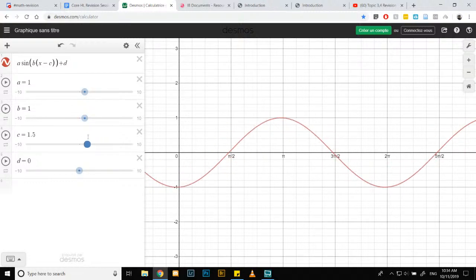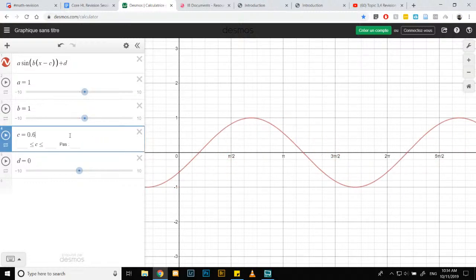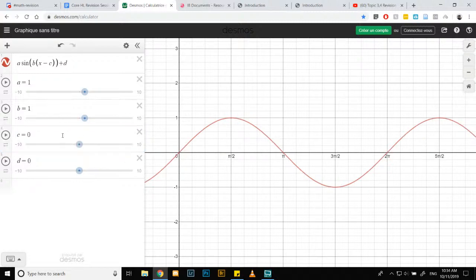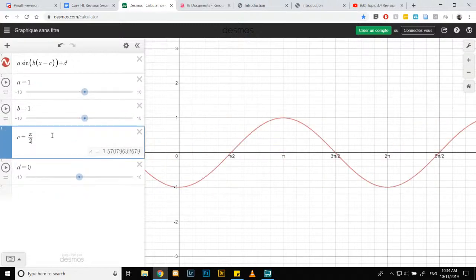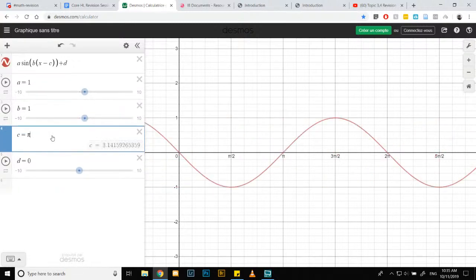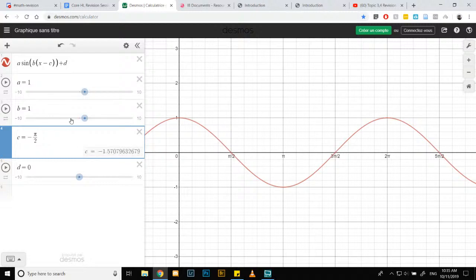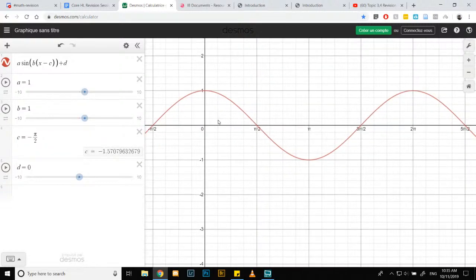And notice one important fact: the sine function is at 0 at 0. But if we were to move it across by pi over 2, you'd get negative cosine. If you were to move it across the other direction, so that's negative pi over 2, this is the cosine function.